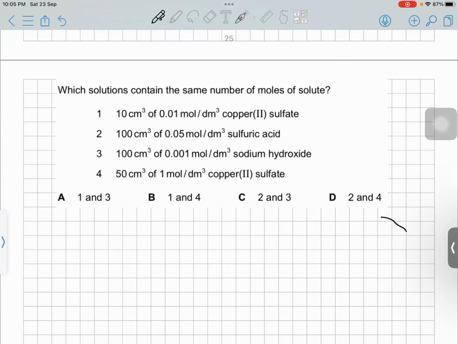Now next question is, which solution contains the same number of moles of solute?